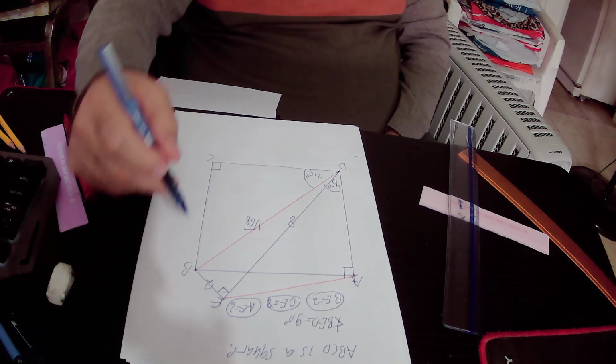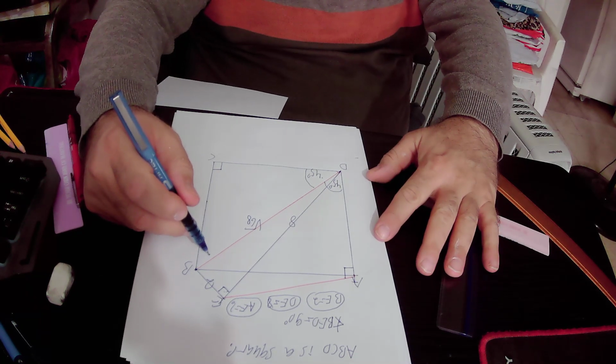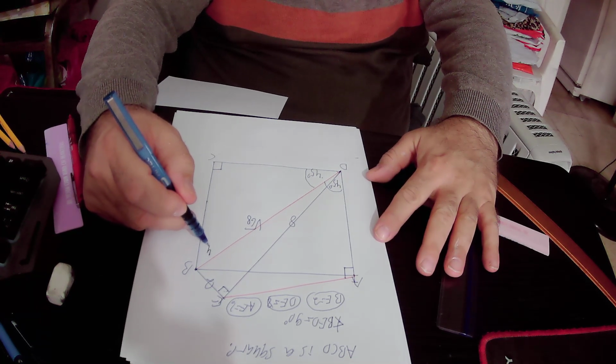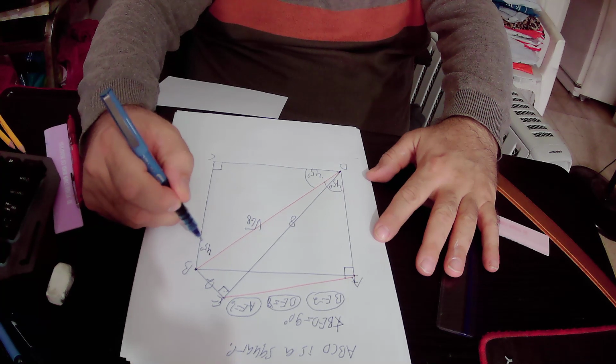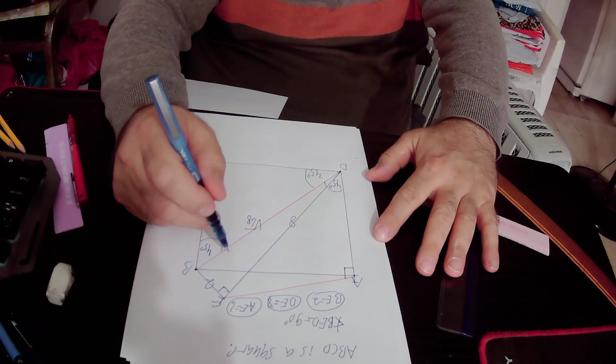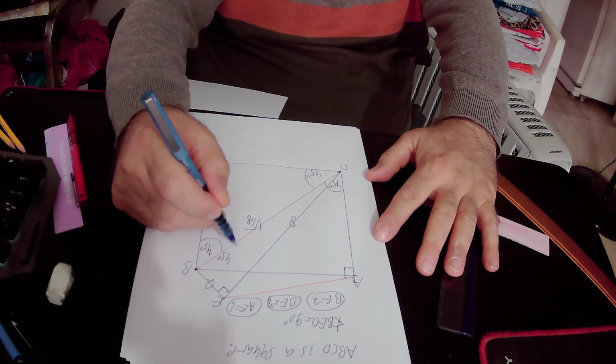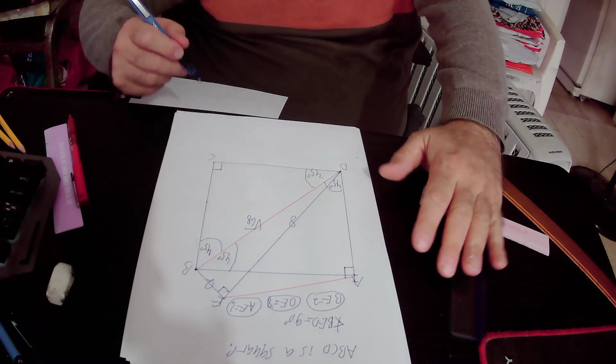Likewise, angle ABC will be equal to 45 degrees, and angle ABD will be also equal to 45 degrees according to rule number 1.